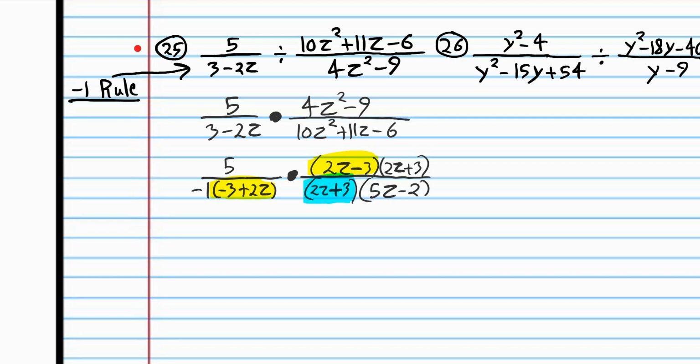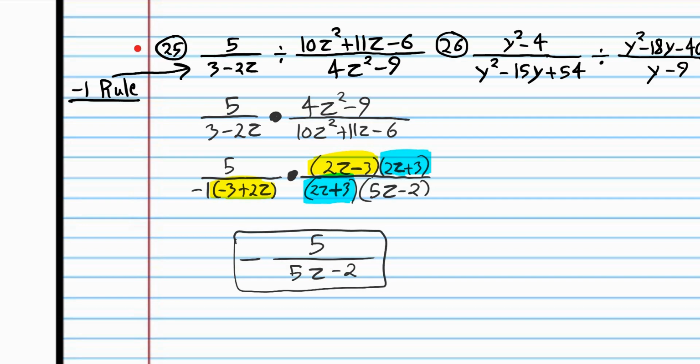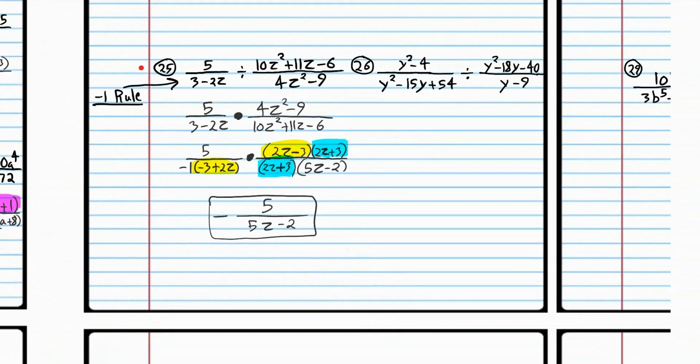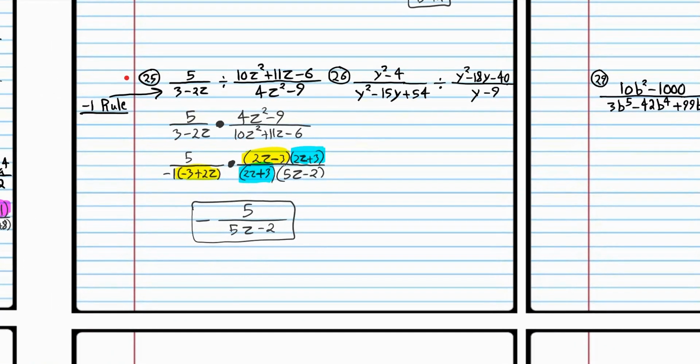And 2z plus 3 and 2z plus 3, and this negative is going to change the sign. We can put it in the numerator or the denominator. It's common just to keep it right in front of the fraction line. So that is the final answer. And I wrote jumbo numbers for the final answer.